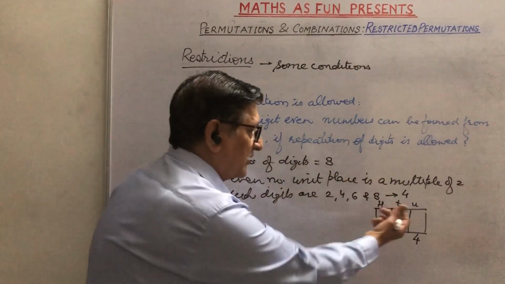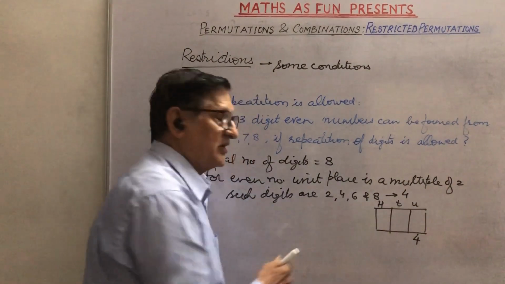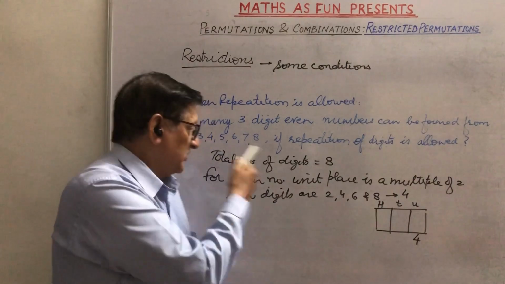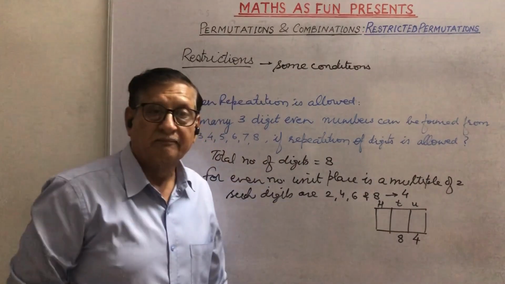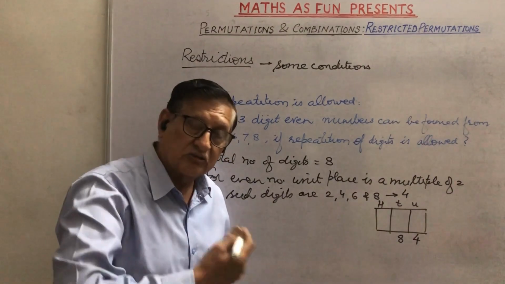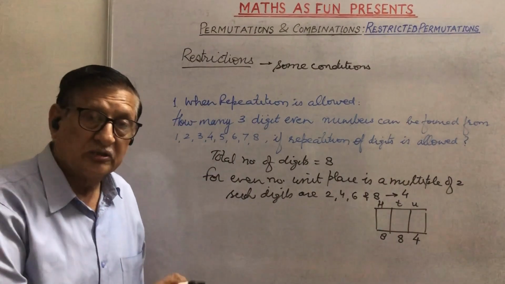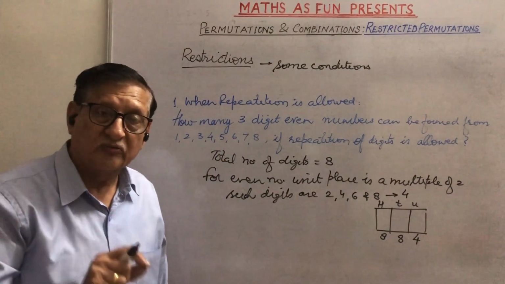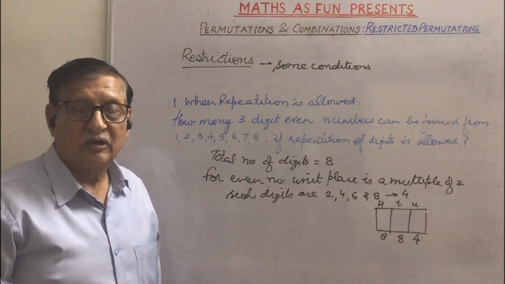And then any number we are making will be an even number. After filling this units place, we have to come to the tens place. Now since repetition is allowed, any one of these 8 digits can be placed here and that can be done in 8 different ways. Similarly, the hundreds place also can be filled in 8 ways because repetition is allowed. It means the 3-digit numbers which can be formed will be the multiplication of them because of the fundamental principle of counting.